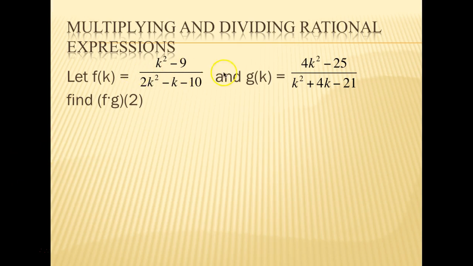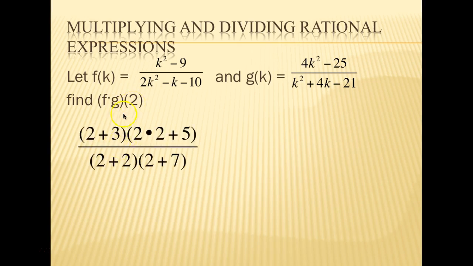This is the exact same problem we just worked. The only difference is, once you find the product, we want to then do f times g of 2. So we take our 2 and plug it into our x value.